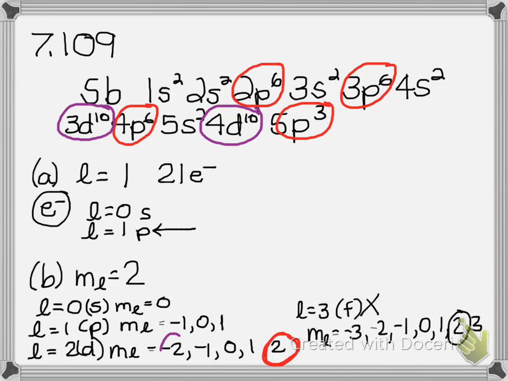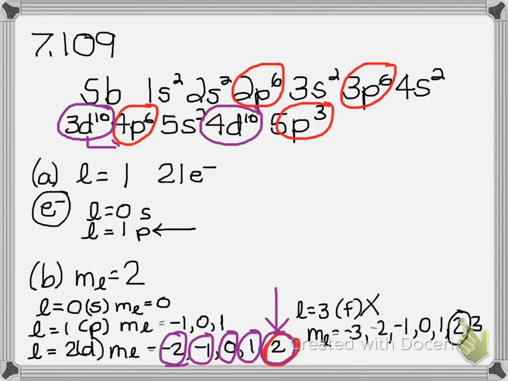Now I have 1, 2, 3, 4, 5 d orbitals total, but only one of those orbitals has m sub L equals 2. So that means there's only 2 electrons in each full d subshell that has m sub L equals 2.